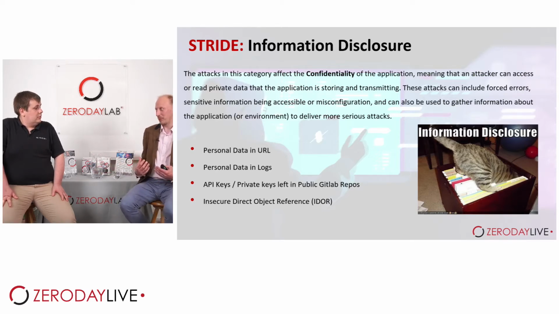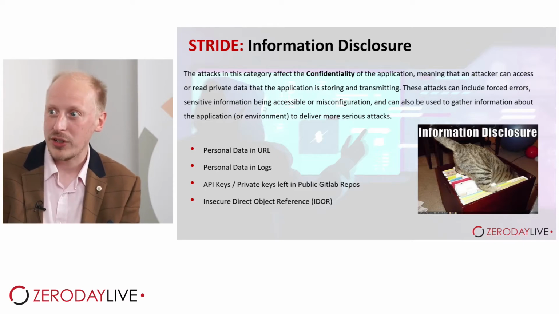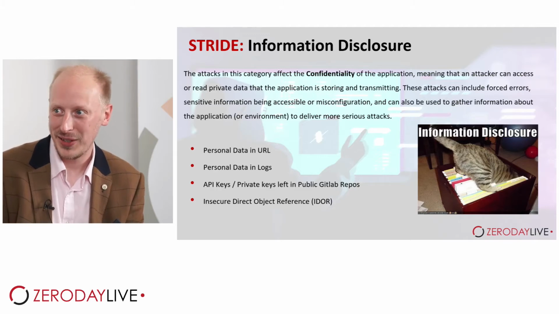So if I get some information about the application, maybe error messages with too much information, which is always a quite popular one, I can use that to learn more about the application, or force an error, which then can give me the information I need to attack it further. Obviously, we've talked about personal data in URLs, where if I'm not tokenizing that information, I can potentially use it to gain information and still take over accounts, or even use it to get information about the database itself.